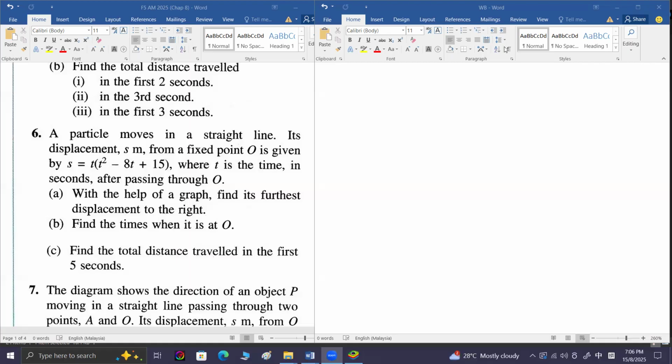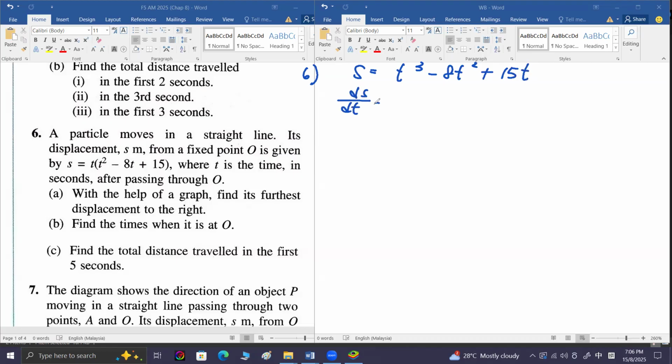Now, so how? Again, class? Listen to me. I expand t cubed minus 8t squared plus 15t. So the same thing, we do ds/dt.